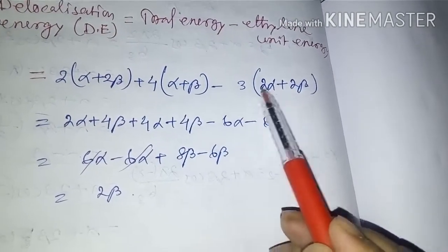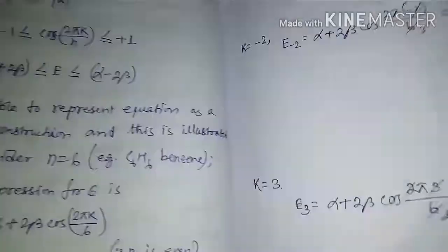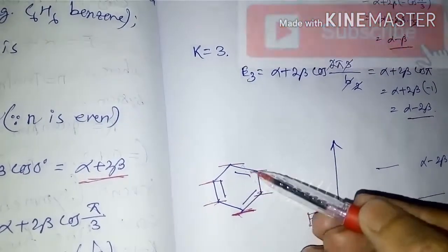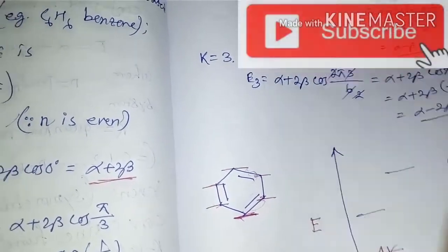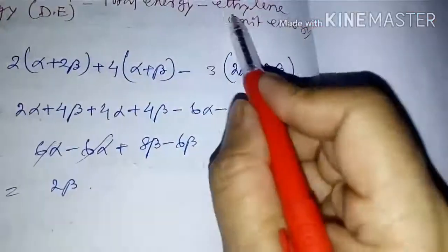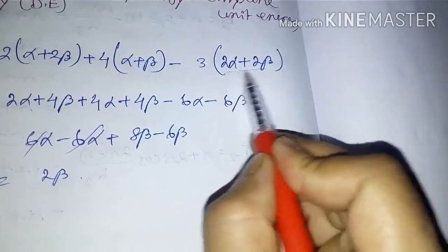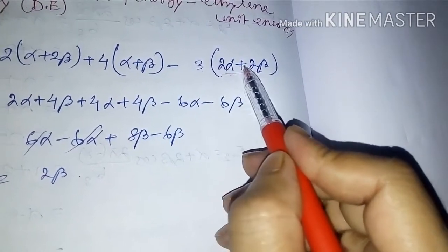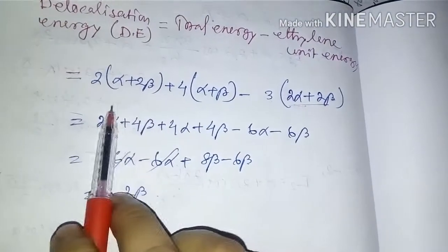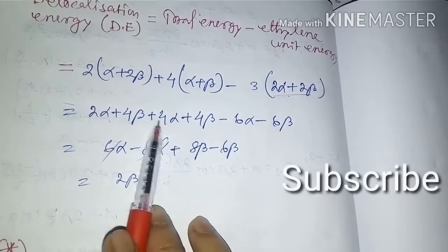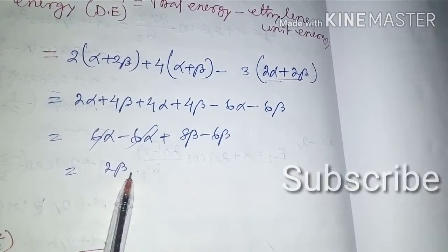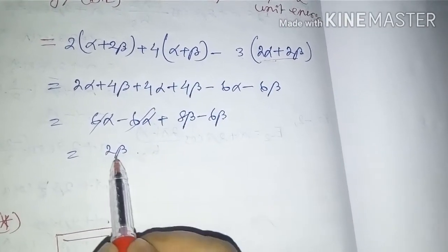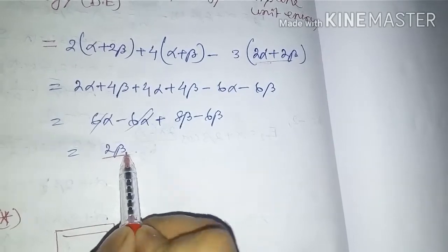How many pi bonds? 1 2 3, so 3 into this ethylene unit. For ethylene it is the same, 2 alpha plus 2 beta. After calculation, the delocalization energy of benzene is 2 beta.